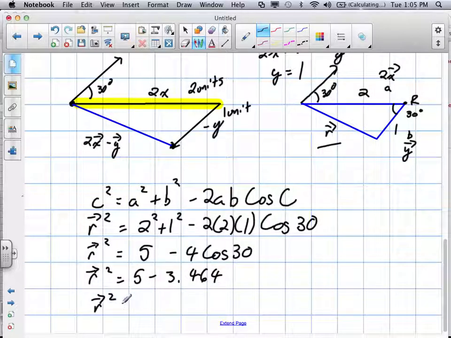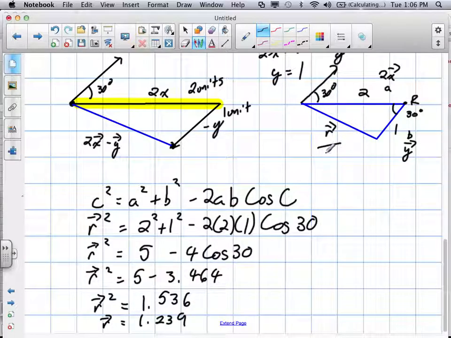And then, because we're finding just the resultant vector, not the squared version of it, we need to find the square root of this. So the square root of that answer is roughly 1.23, which is equal to 1.239, we'll say.